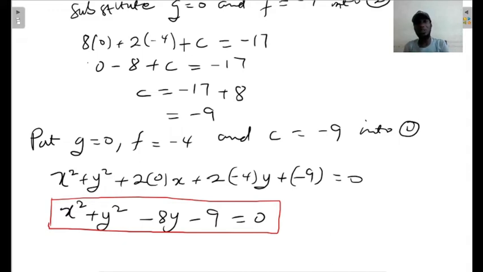You can use a calculator to verify your answer, but for the sake of SC questions, you need to know how to do this so that you'll be very sure of what you are doing. So this is just method 1. Let's get to the second method and see whether that will be easier to get.